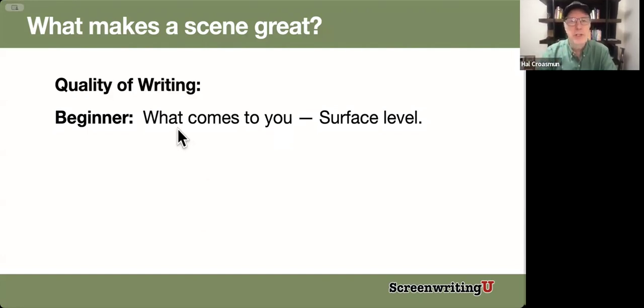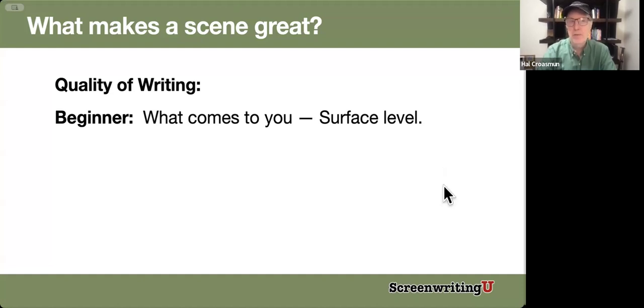The vast majority will say, an idea just popped into my head and I started writing. I have heard that from at least two-thirds of them. An idea just popped in my head, or I was doing this thing and all of a sudden this thing popped into my head and I just went, cool, and I just went with it. That's surface level. An idea pops into your head and you start writing.